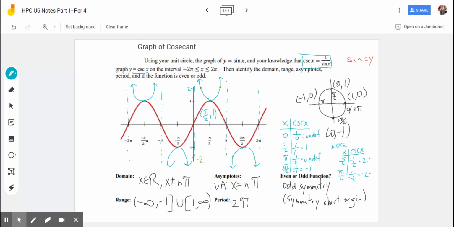And then because it's symmetric about the origin, the other coordinate here would be negative pi over 2, negative 1, which is that there. So we have our verification that there's going to be odd symmetry in this graph. All right, so this is the parent function for cosecant.